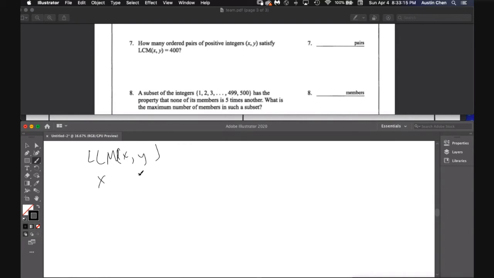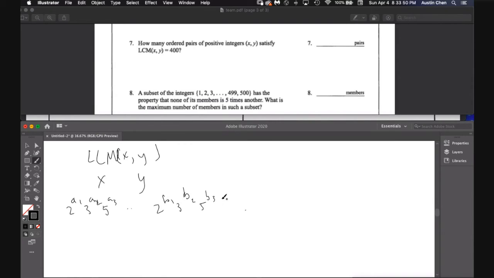So if we have x and y, and we prime factorize them, we're going to have 2 to the power of a1, 3 to the power of a2, 5 to the power of a3, and so on. And then y is like 2 to the power of b1, 3 to the power of b2, 5 to the power of b3, and so on.